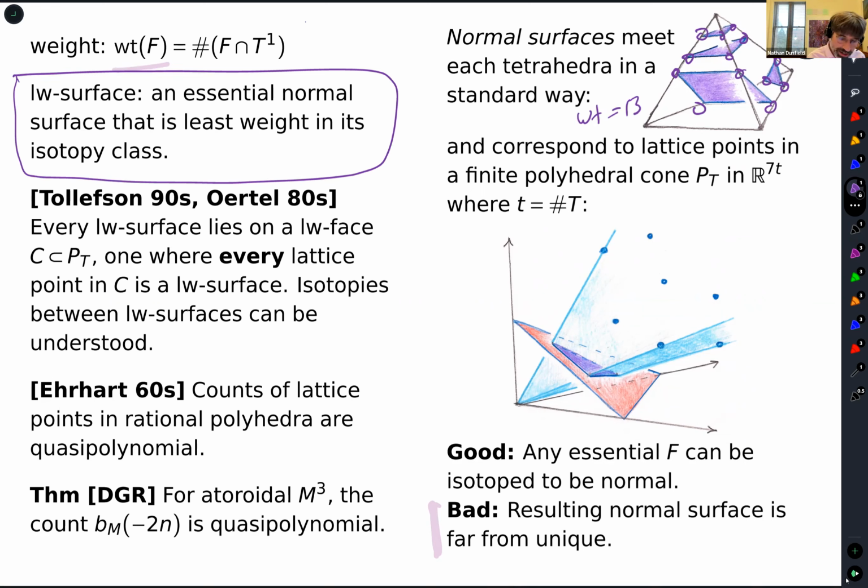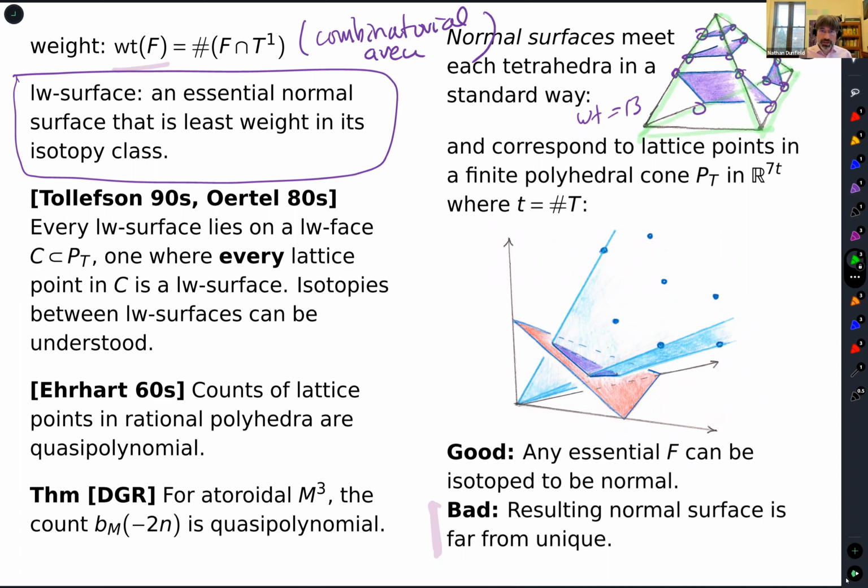You should think of this weight as a combinatorial area. In fact, normal surfaces are a combinatorial analog of minimal surfaces. If you picked a Riemannian metric where you concentrated the mass of the metric along the one-skeleton, then the weight of the surface would pretty much be its area.